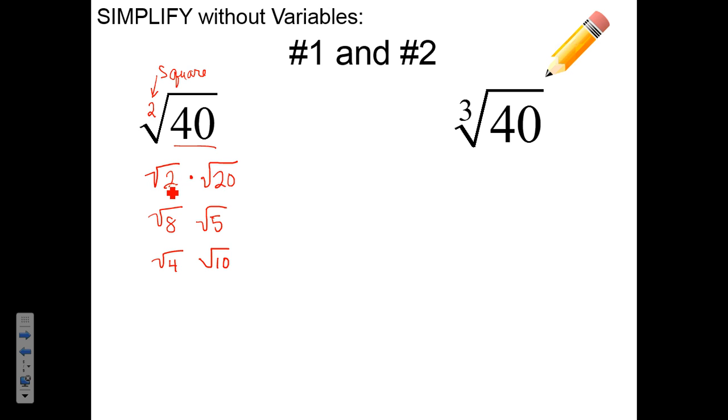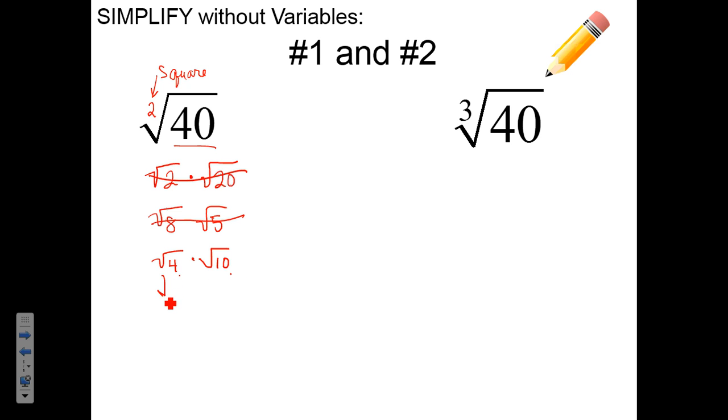Now if I look at 2 and 20, 2 isn't a perfect square, 20 isn't a perfect square. That doesn't really work. 8 and 5, 8 isn't a perfect square, 5 isn't a perfect square, so that's not going to work. So when we were talking about a square root, we were looking for a perfect square that divided into 40. Well, I think I found one. The square root of 40 would be the square root of 4 times the square root of 10.